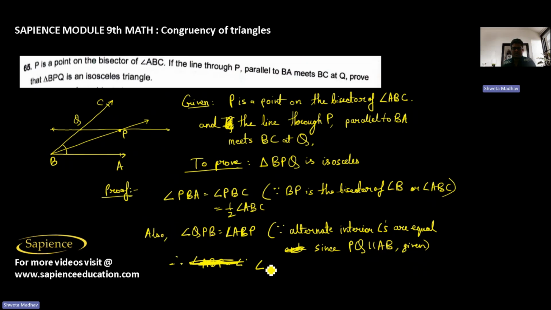Therefore, in triangle BPQ, angle QPB is equal to angle PBQ. Angle PBC is the same as angle PBQ.